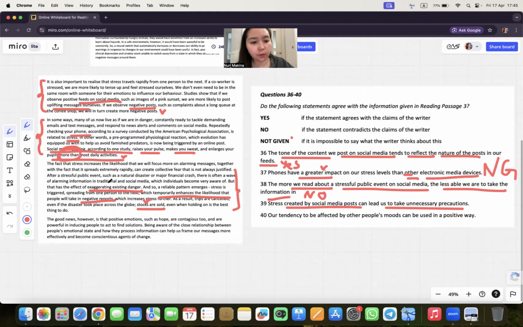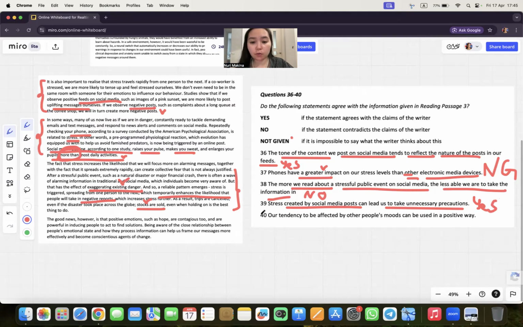Yes, we have exaggerating existing danger, which means you should really focus on things which are real, because here you are exaggerating existing danger, which means the situation is not that dangerous, as you are picturing. So 39, yes, unnecessary precautions, because we sell our stocks.